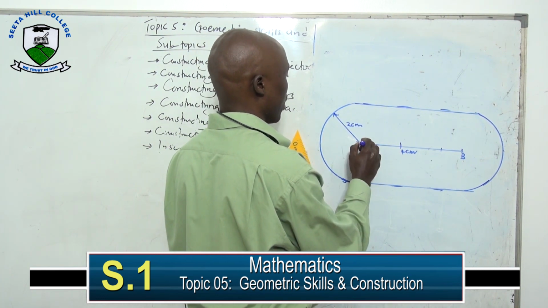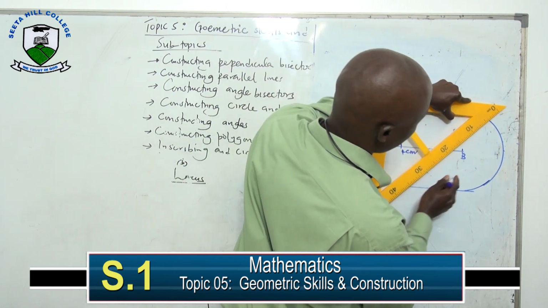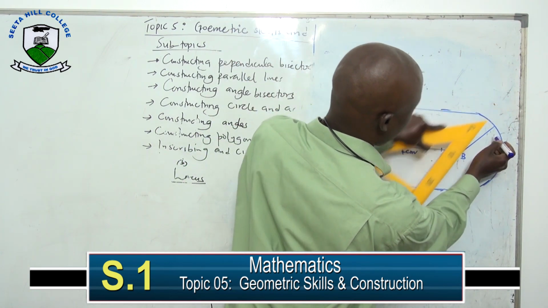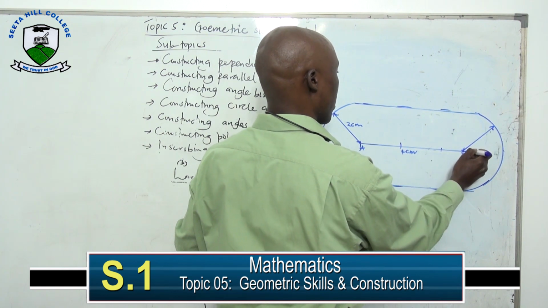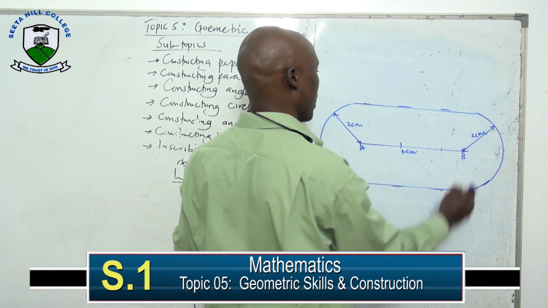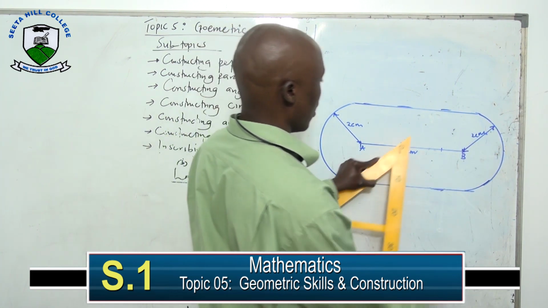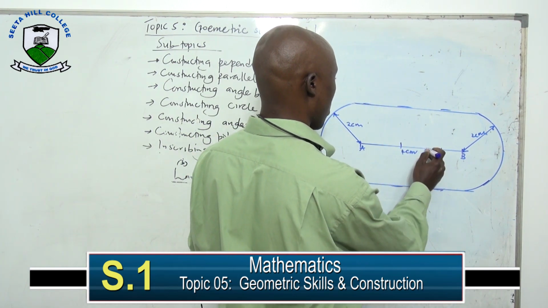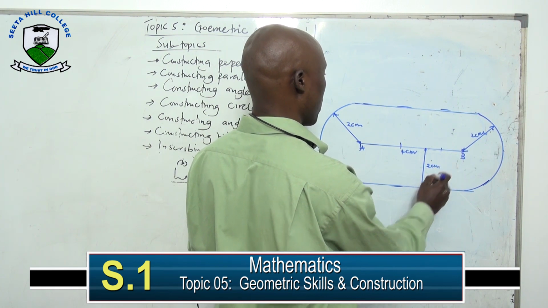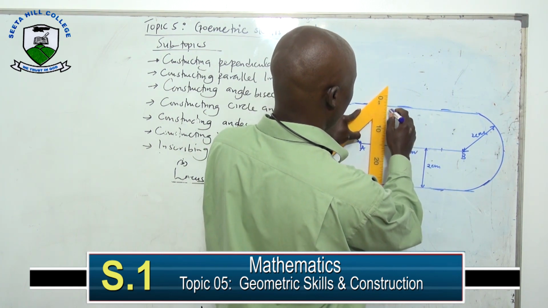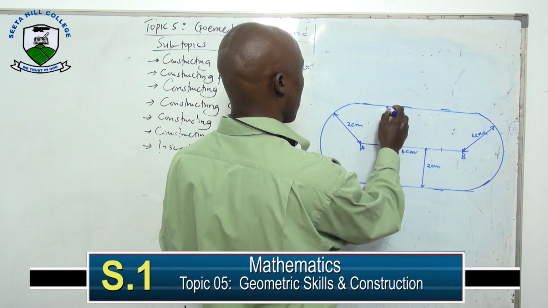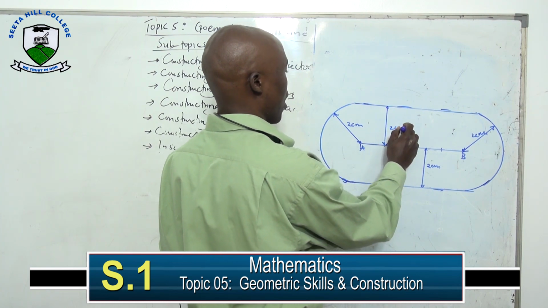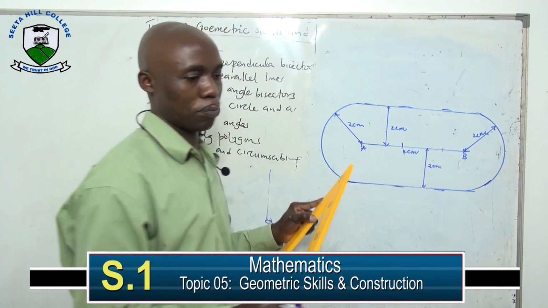You can label everywhere too. 2 centimeters, then this one is also centimeters, then also centimeters.